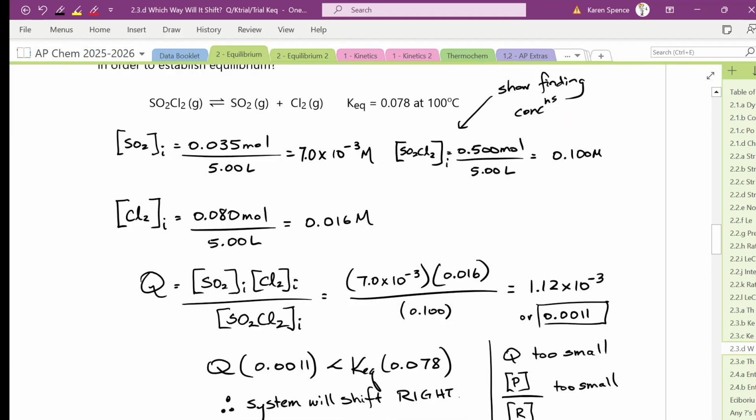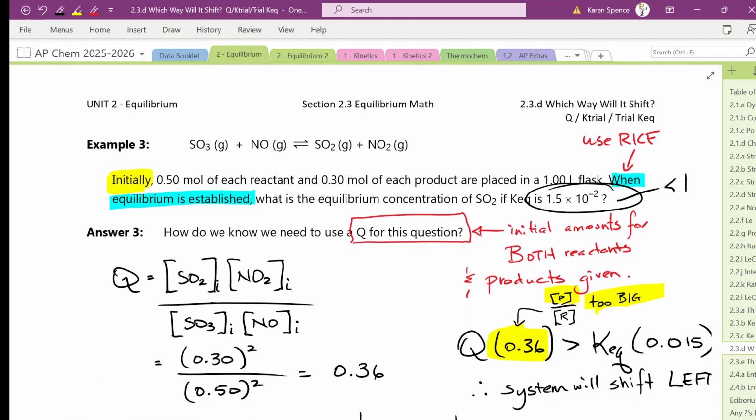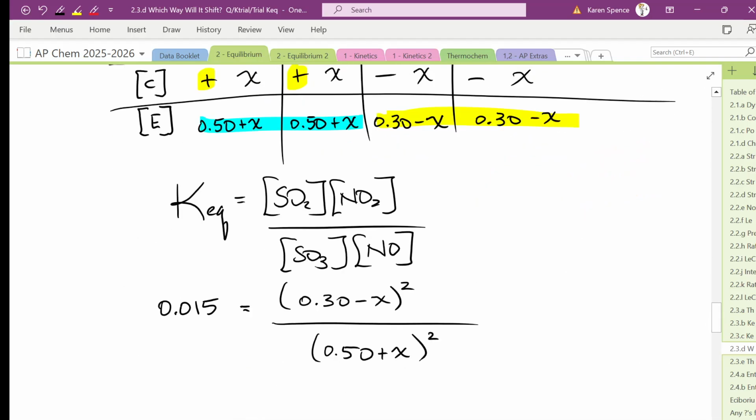Did I get it wrong? Hang on. 1.5 times 10 to the minus 2, which is 0.015. Those are the same. Okay, I have a tendency when it's a small number like that and when I am doing algebra to write it like this because it makes my writing numbers less complicated.